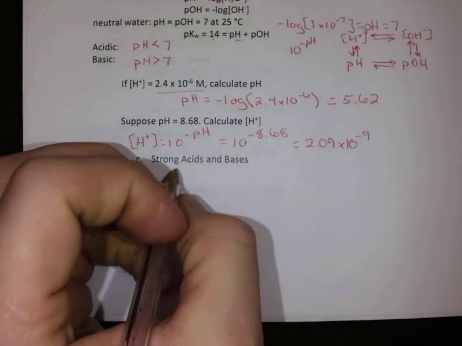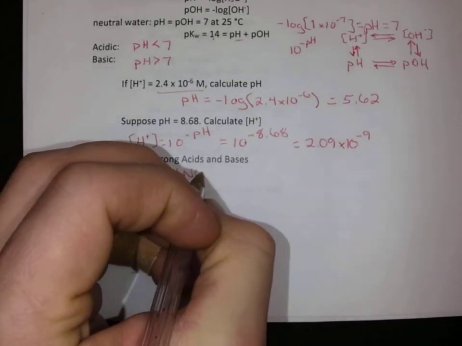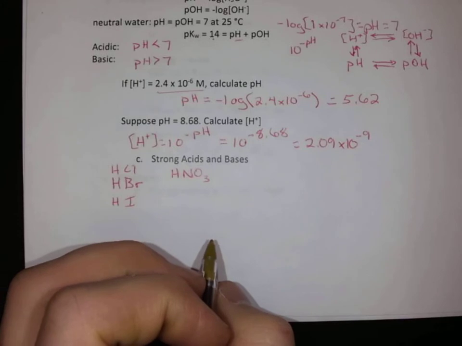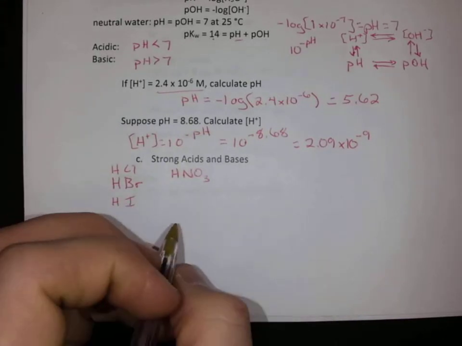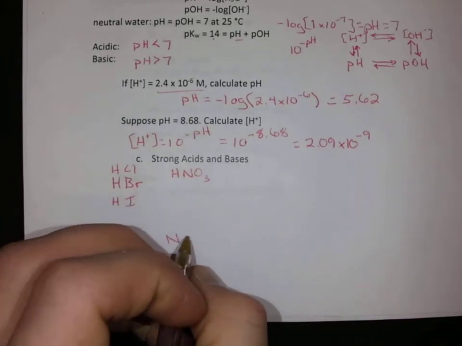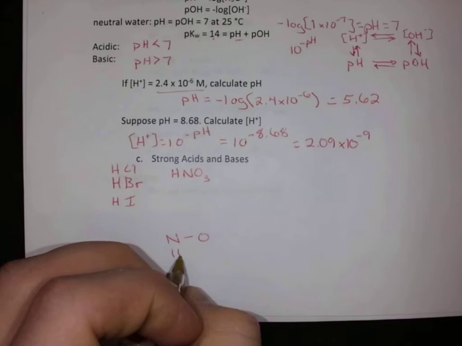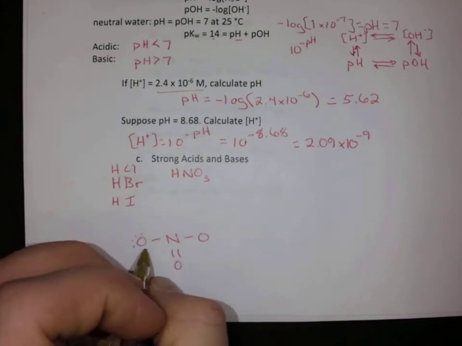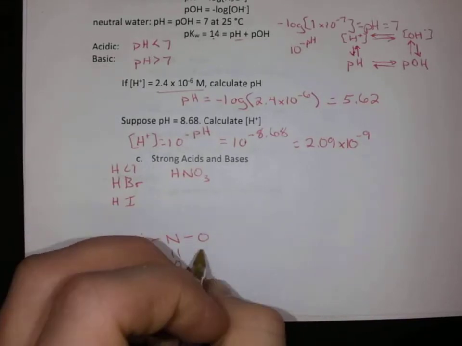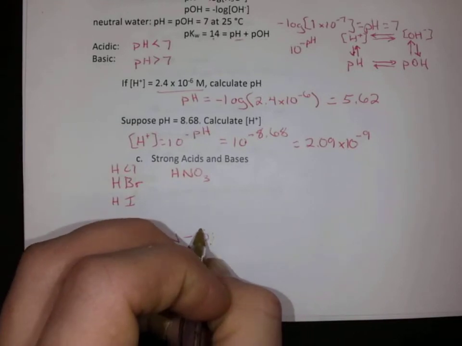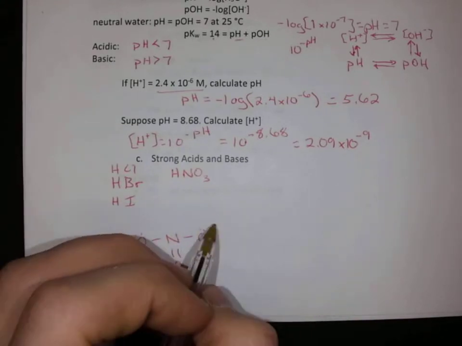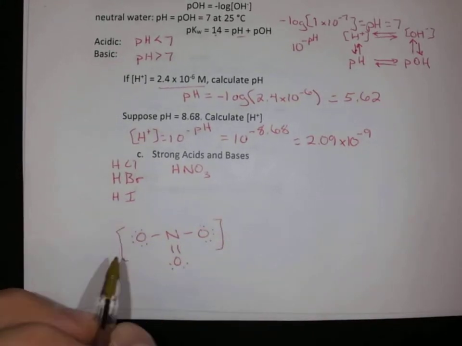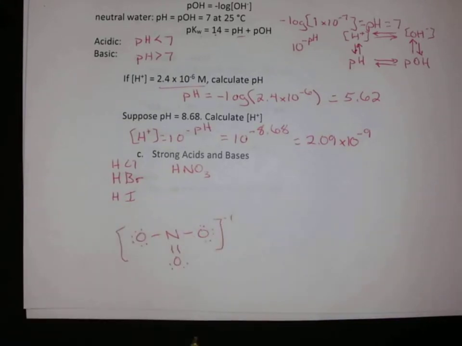Then our other strong acids, we think of HNO3. Let's think about HNO3 for a second. If we think about NO3, let's draw our Lewis diagram, right? Here's our Lewis diagram. Let's get our charge on there, -1, right?